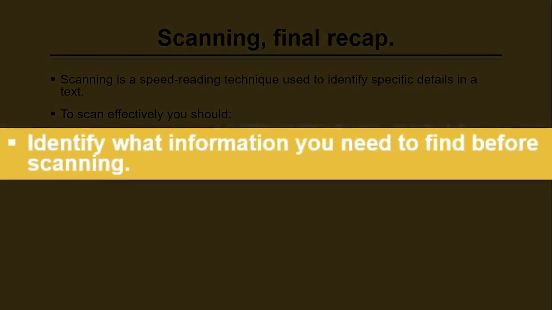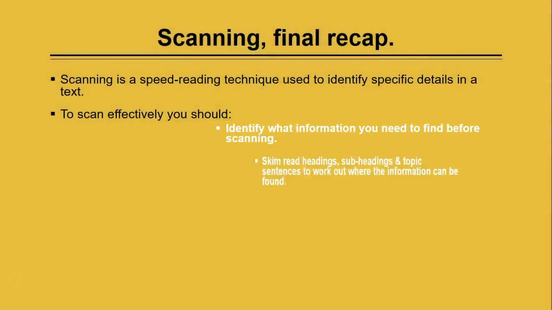In order to scan effectively, there are a number of things that you should be doing. First of all, before you start scanning, you need to identify what information you have to find. So in terms of an exam question, that means reading the question carefully, picking out exactly what it is you're being asked to focus on, and looking for the information that relates to that particular aspect of that text. Scanning only works if you know what you're looking for before you start scanning the text.